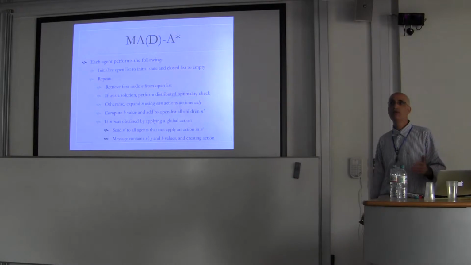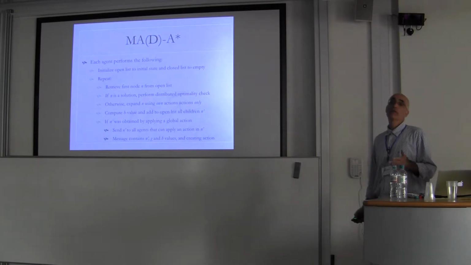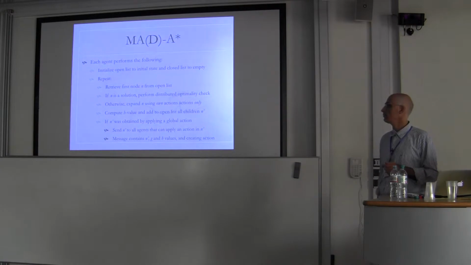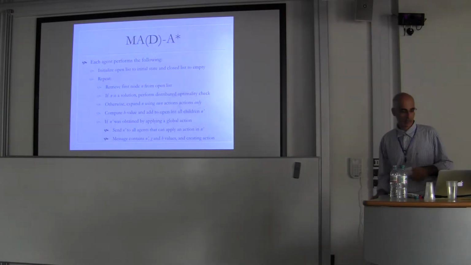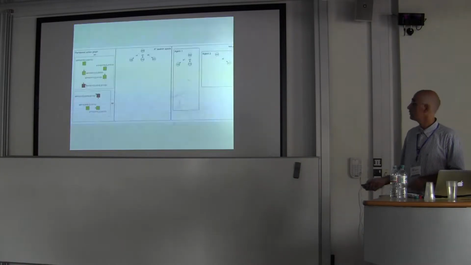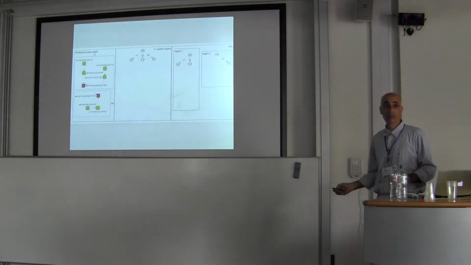Okay? So it generated a new node using a global action, and it basically sends that to any agent that has an action whose preconditions are satisfied in n prime. The message will contain the g and h values and the generating action. That's standard.